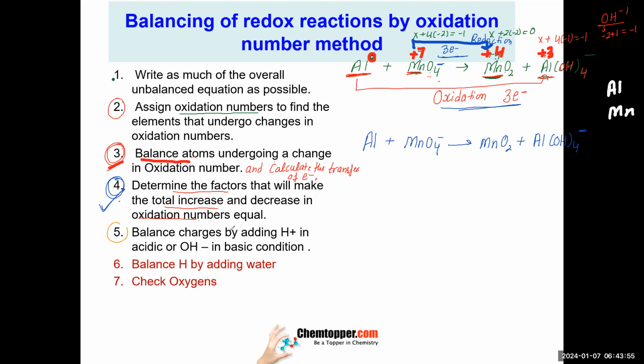Balance the charges by adding H plus or OH minus. Let's say I'm asking you to balance this equation in basic medium. Basic. So I have to balance the charges by adding OH minus. How much charge on this side? And how much charge on this side?